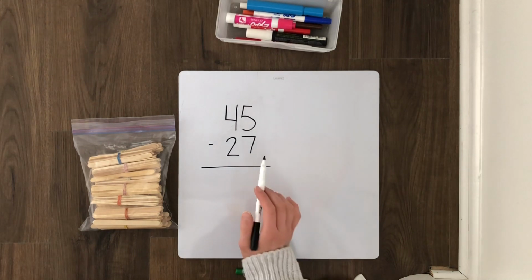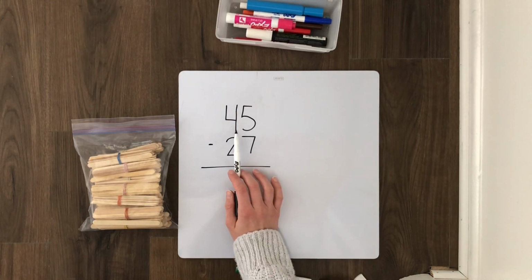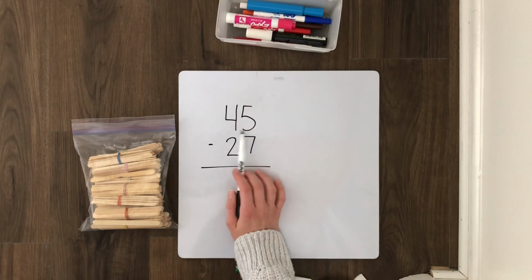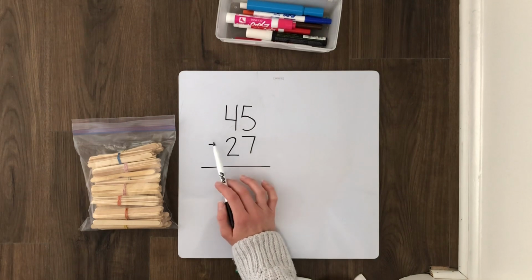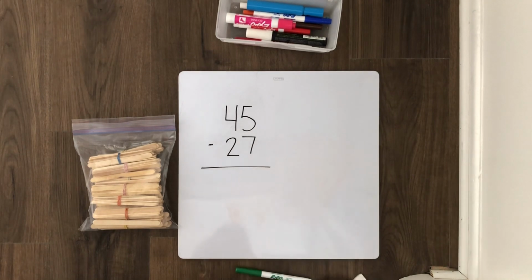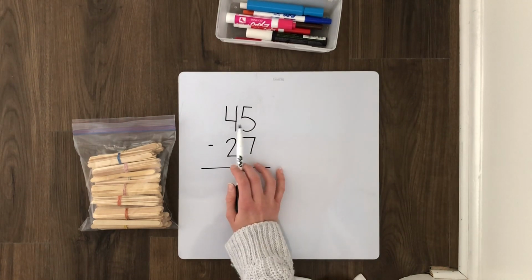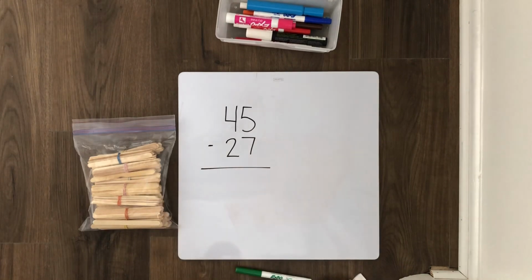Okay, so we know that our starting number, the amount that we're starting with, is this top number right here, 45. We are starting with 45 and then we are subtracting 27. So please show me 45 with your popsicle sticks.